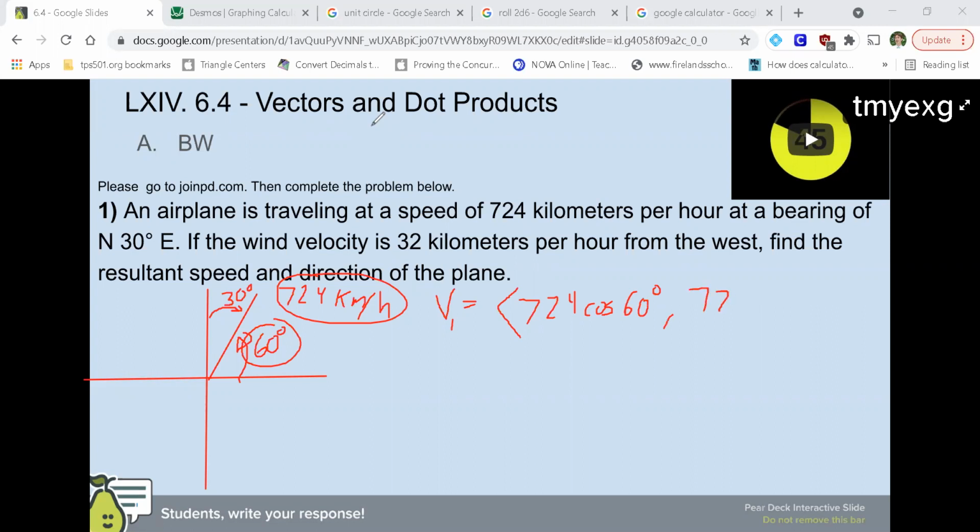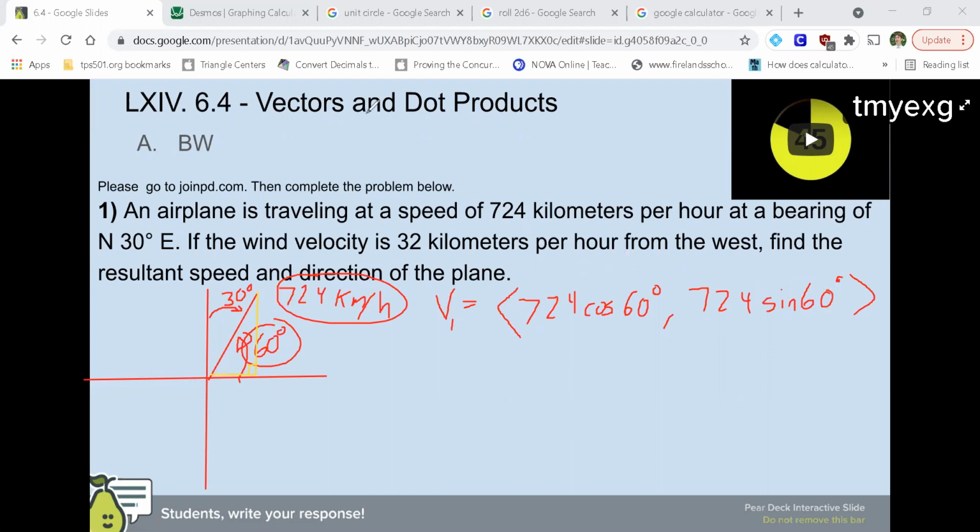And if you do 724 times the sine of 60, that'll give us the y component. Does that make sense? Imagine you're creating a right triangle here, where this angle is 60 degrees. The opposite would be 724 times the sine of 60, and the adjacent would be 724 times the cosine of 60.